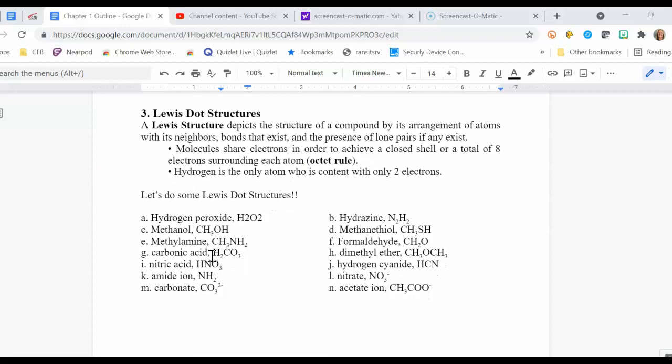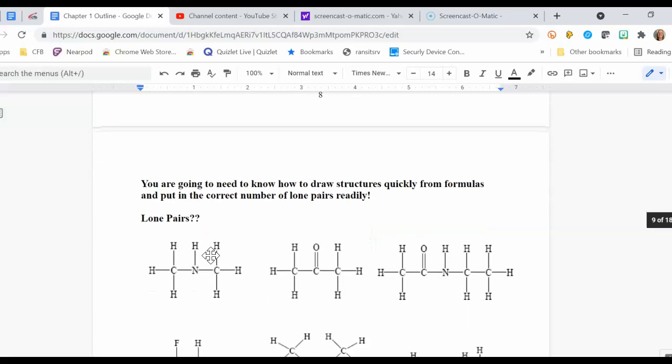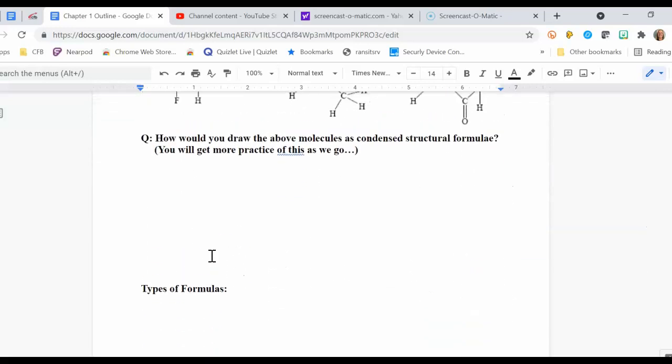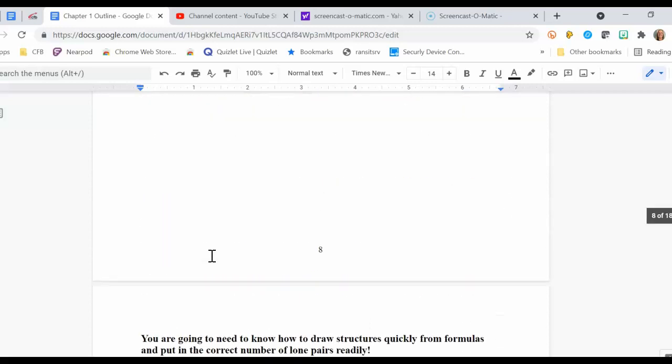Let's remind you that drawing Lewis structures, we're going to want to depict or draw Lewis structures based on their number of valence electrons. We're going to follow the octet rule. We're going to remember hydrogen can only have 2 electrons around it. And then before we go on, I'm going to make sure that you understand how to draw different types of formulas.